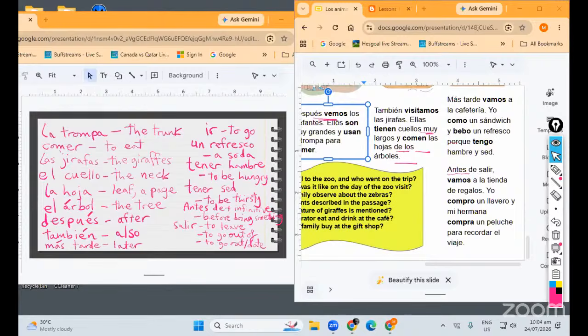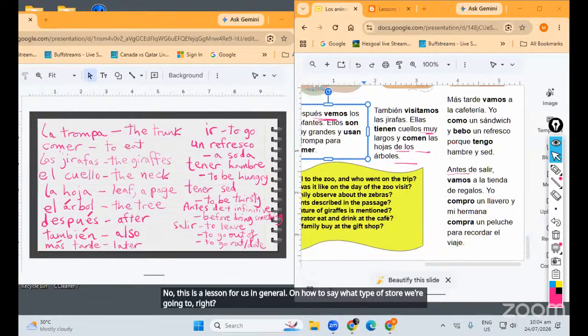All right. The rest of the last paragraph, La tienda de regalos, gift shop, right? Now, this is a lesson for us in general on how to say what type of store we're going to, right?